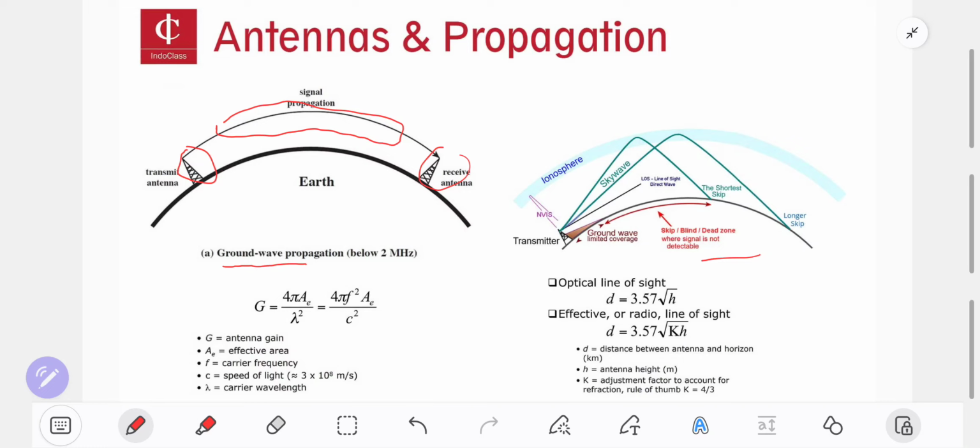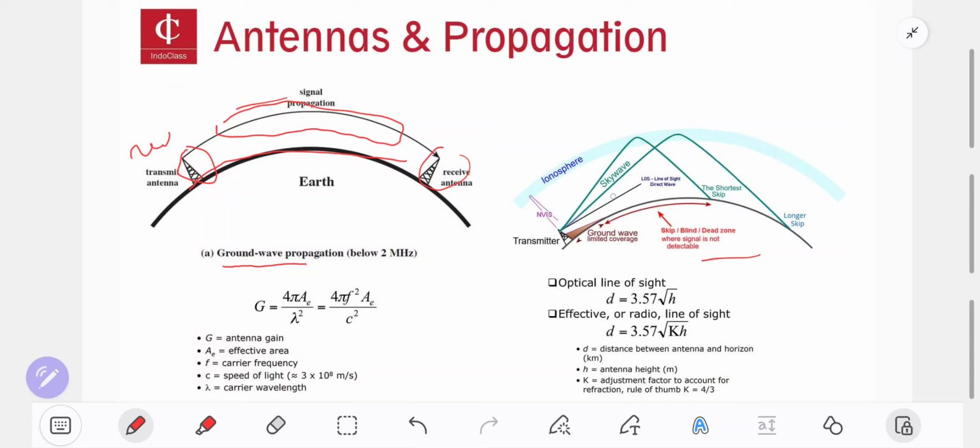And for ground wave, the wave moves following the surface of the earth. You can see on this picture, ground wave propagation, the wave signal moves following the surface of the earth. And on the right side, you can see this is called sky wave propagation.